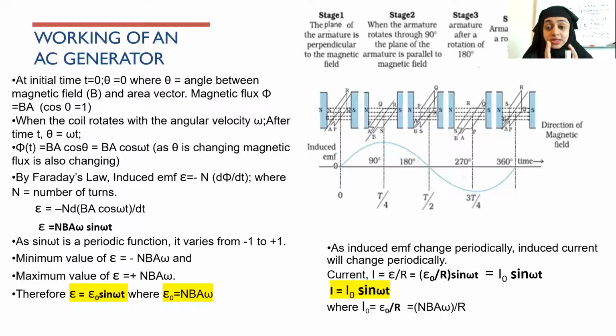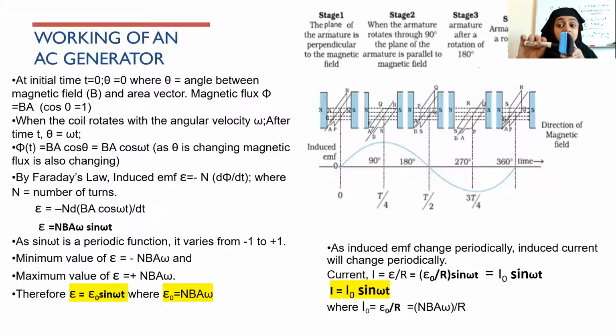Now let us see how this value changes as the coil rotates. Suppose initially we said that the area vector is in the direction of the magnetic field. So here magnetic field is in this direction, area is in this direction. What is the angle between them? 0.